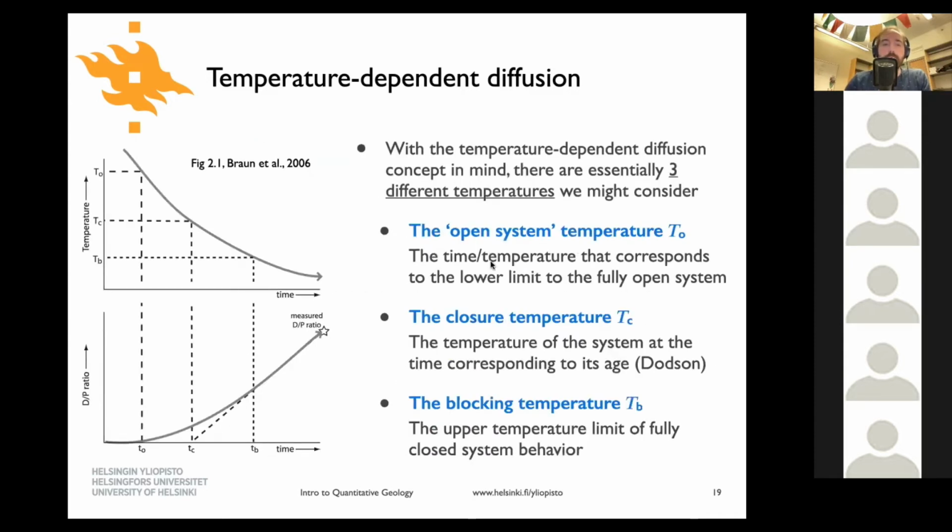Another way to look at this is if we show, for instance, here, a cooling history. You can see temperature going up here, time going off to the right. This is some curve where you can see the higher temperatures and rocks cooling toward the surface, for instance, as a result of exhumation. That could be one way to think about it. If we look here at the daughter to parent isotope ratio at these high temperatures up here, there's essentially no daughter product being trapped in the crystal.